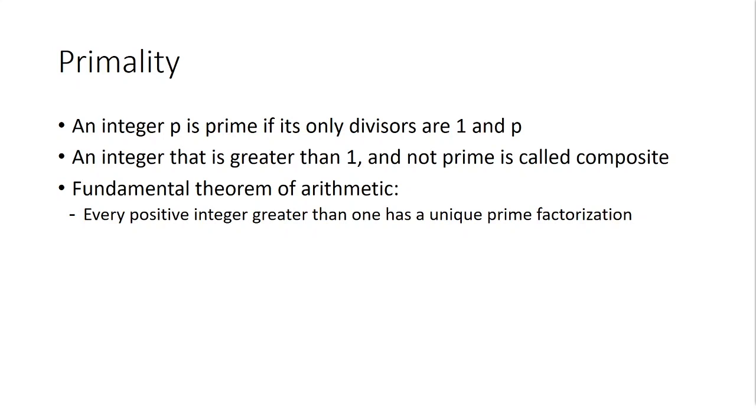An integer p is prime if its only divisors are 1 and p, that is a prime number. If there is a positive integer greater than 1 that is not prime, that is a composite number.